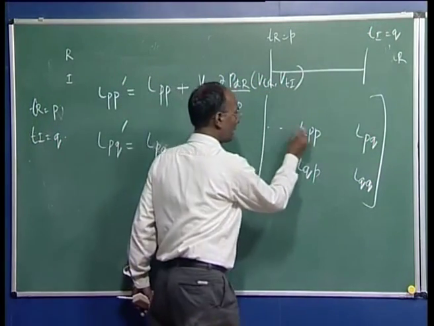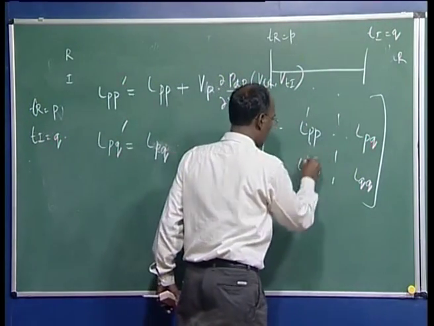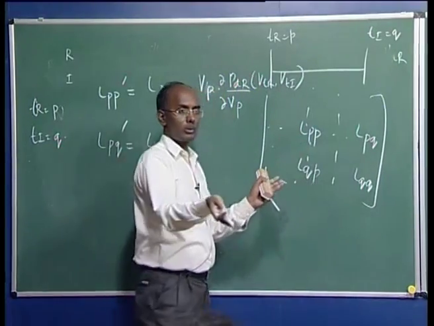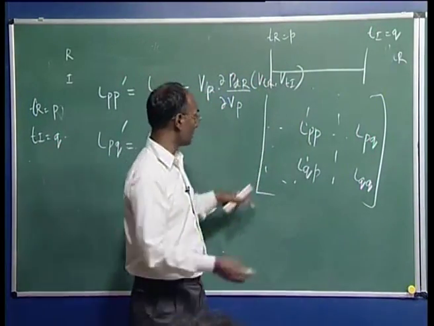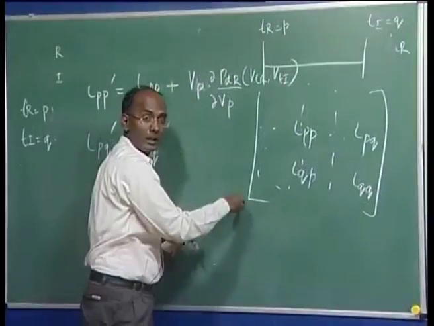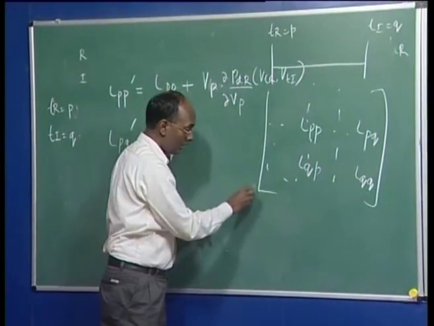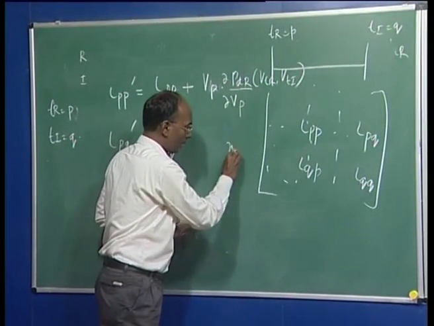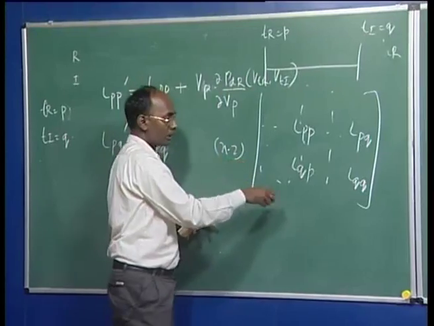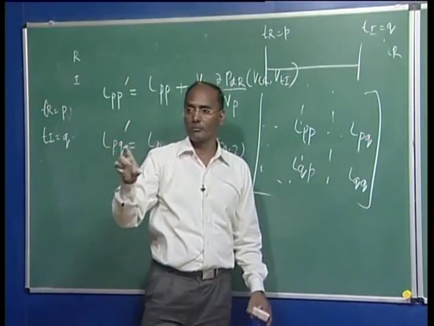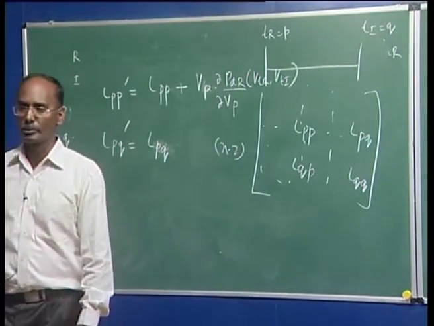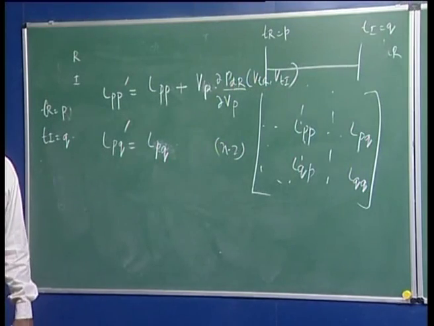So, these are the various elements, various rows. It is again n by n; the order of the complete L is the variable V, and this is n minus 2 number of buses, corresponding to the number of PQ buses, because the voltage is what we are going to determine.